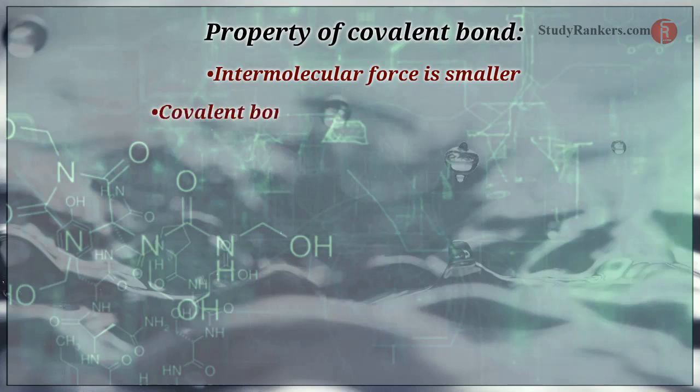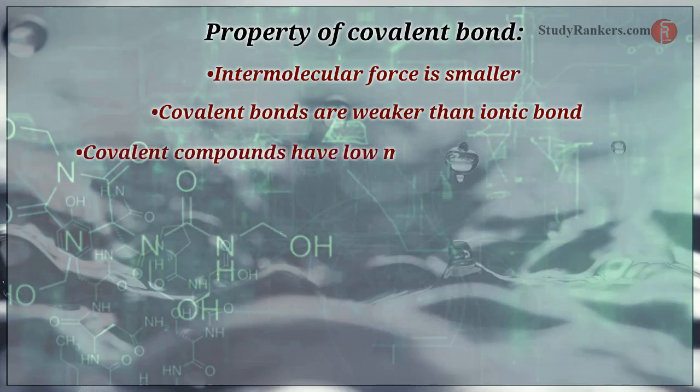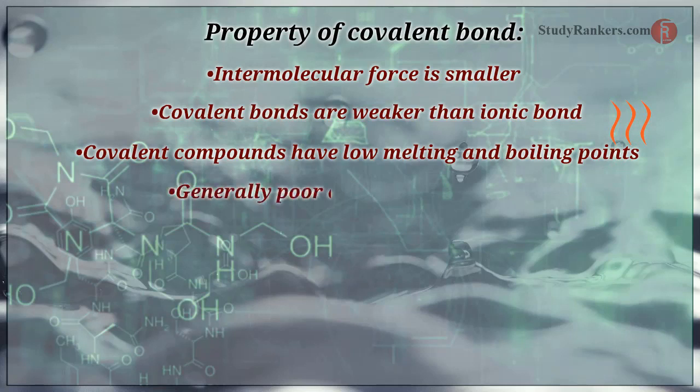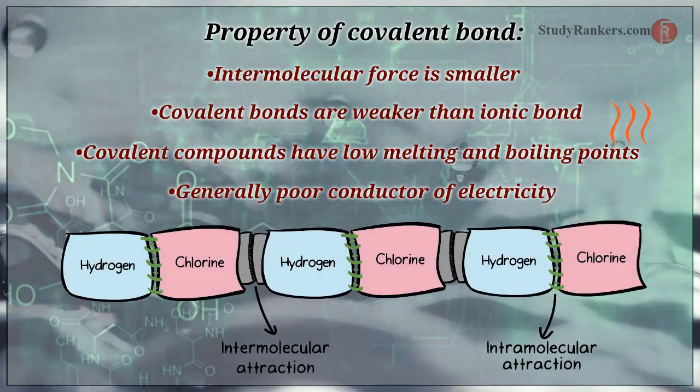Thus, we can say covalent bonds are weaker compared to ionic bonds, since the intermolecular forces are less in the case of covalent bonds. They have lower melting and boiling points compared to ionic compounds. Covalent compounds are generally poor conductors of electricity because they are formed by sharing of electrons. They don't have free electrons that are required for electricity transfer.